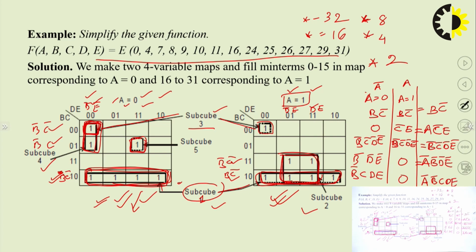And at last we sum up all these min terms and we get the simplified form of this 5 variable K-map.